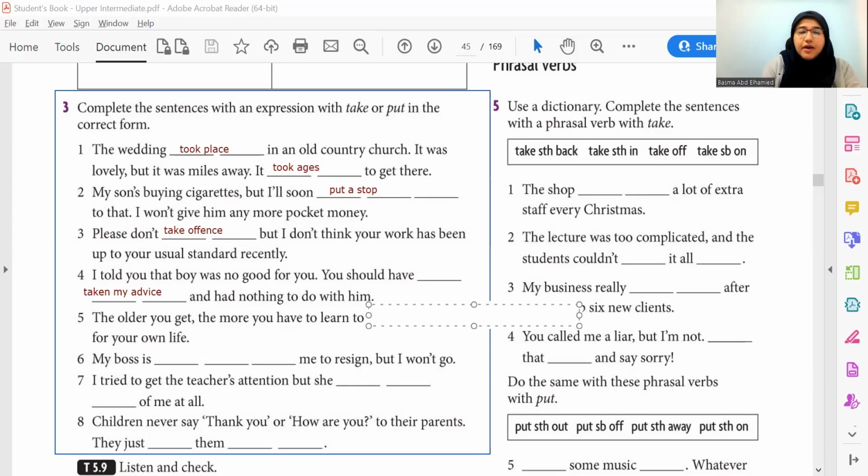Number 5, the older you get, the more you have to learn to take responsibility for your own life.